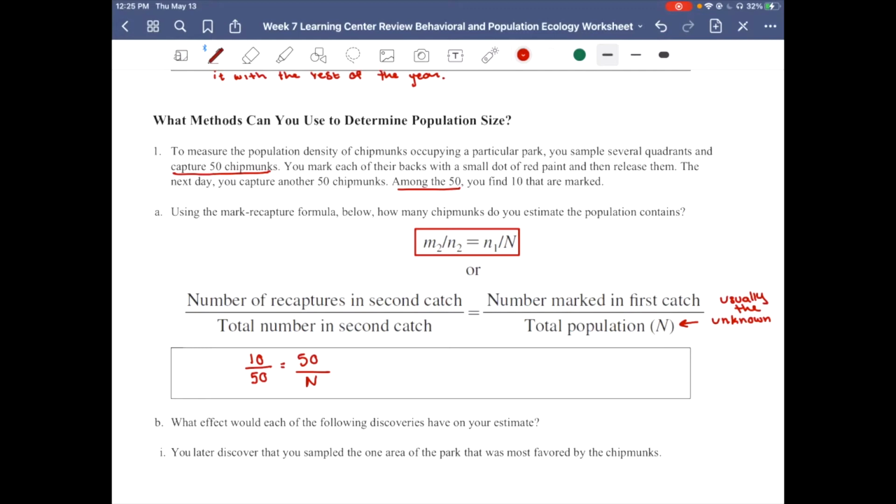So if we set up the proportion, it comes out to 10n equal to 50 times 50, and then you can divide by 10, and then n equals 250 chipmunks. So that's your estimate of how many chipmunks could be in the population.